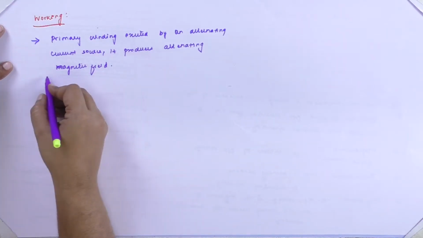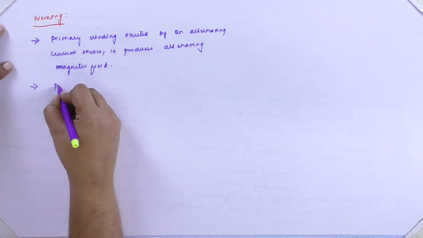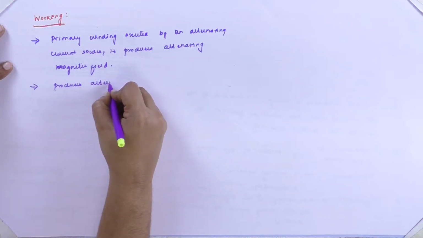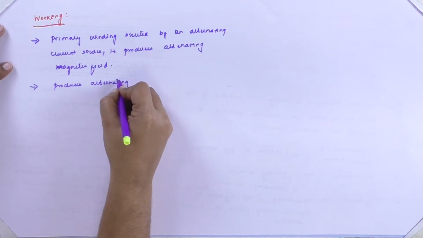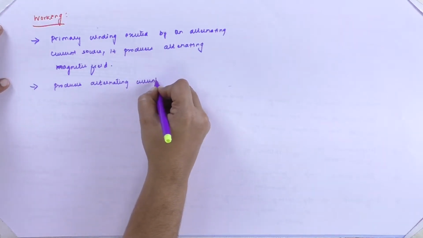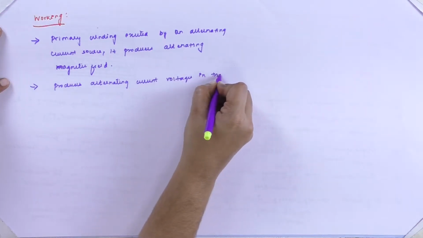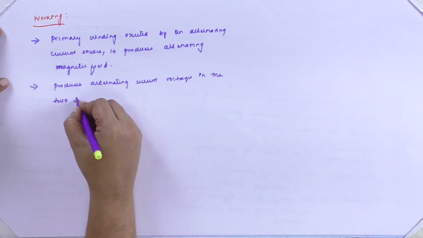This alternating magnetic field produces alternating current voltages in the two secondary windings.